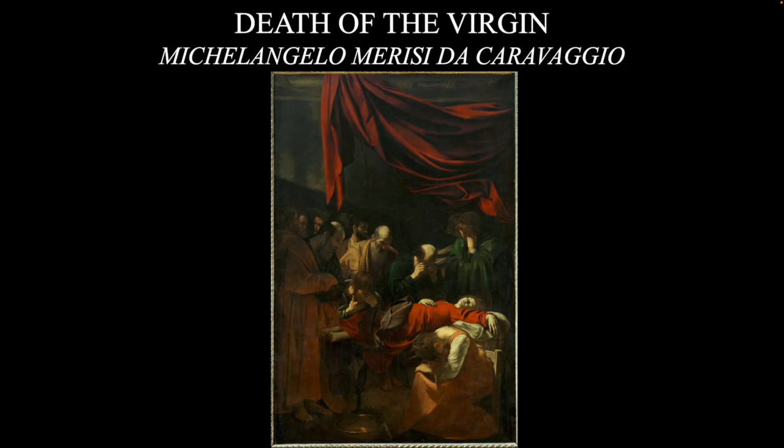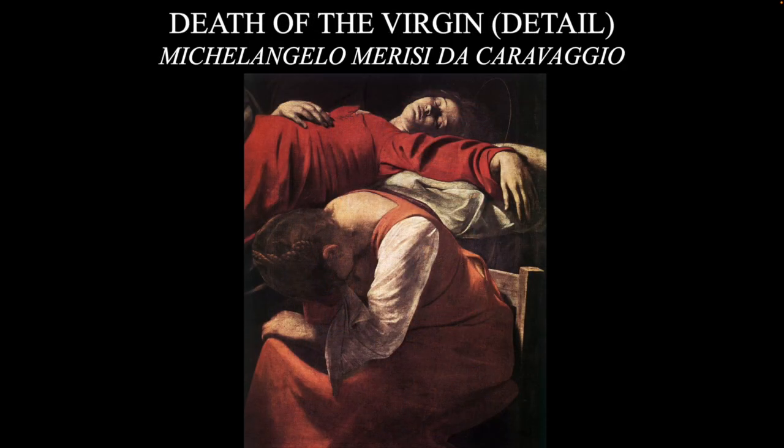But with the Death of the Virgin, in this case the model is a lady of the night who was murdered, thrown into a river, and he paints this image from her body in the morgue. So this was declined by the church. It's like, we are not going to be using this painting.